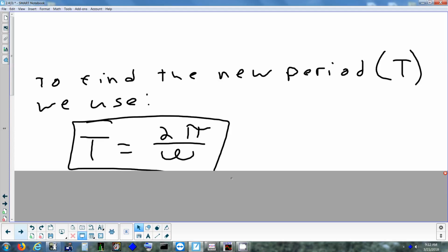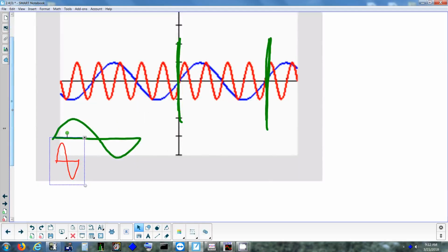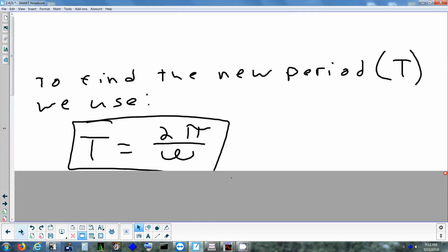So in the example I just had, I think it was 4. The period, or the length from here to here, is 2 pi divided by 4. It's 1/4 the length of the original. Everything is based off 2 pi, because that's the original, and then you divide it by whatever's in front.